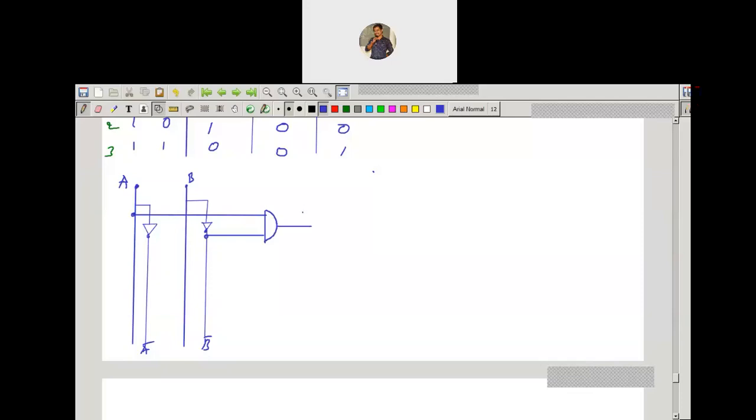So this is A greater than B, that equals A B bar.